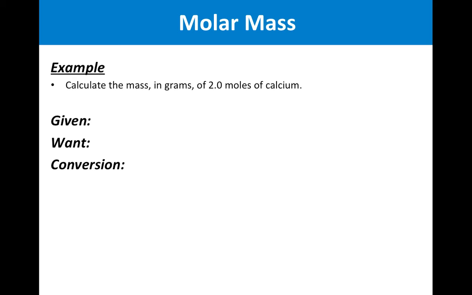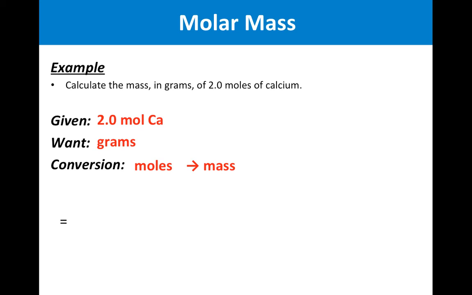So let's work on an example. You will have 2 moles of calcium. So this is what you're given, 2 moles of calcium, and you want it in grams. We want to calculate the mass in grams of 2 moles of calcium. So my conversion factor is moles to mass.